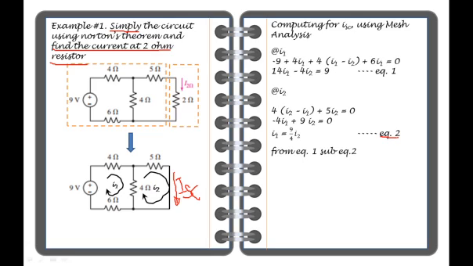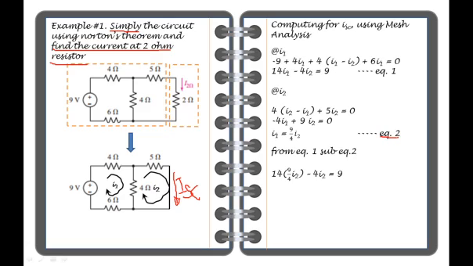Now from this, we're going to substitute equation 2 into equation 1. So it shows that 14 times 9 over 4 I2 minus 4I2 is equal to 9.